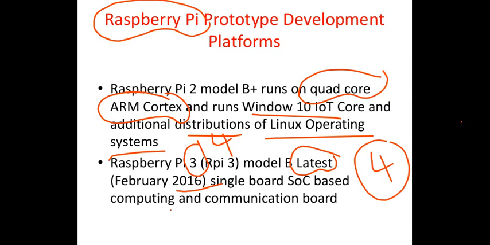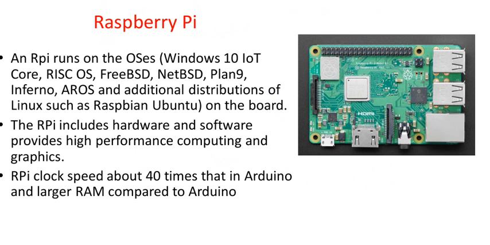Let me give you some of the striking features of Raspberry Pi in my subsequent slides, and as you can see this is how it looks, and probably you have already seen a lot of such things earlier also, right?